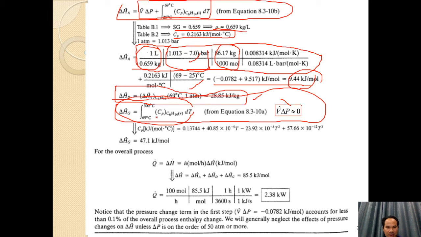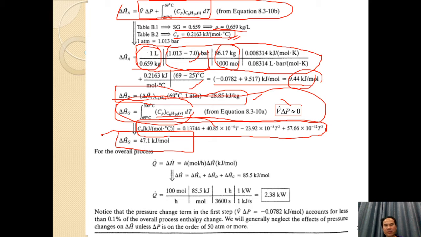But for this case, Cp of hexane in vapor phase is expressed in this equation. Right? Cp of vapor phase changes with temperature, but Cp of liquid phase is constant. For that case, you substitute Cp for this, and then you integrate, you get delta Hg equal to 47.1 kilojoule per mole.